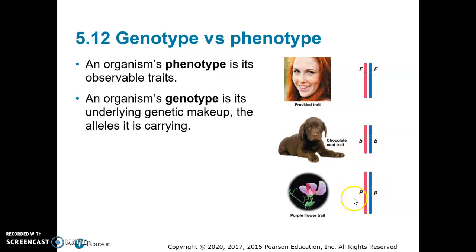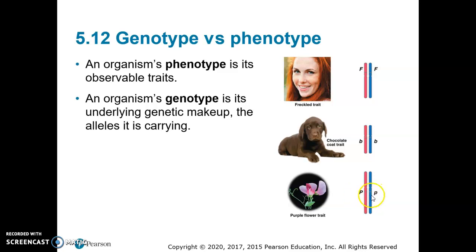And so P is a horrible letter to use in this case because it's really difficult to tell if this is a capital letter and that this is a lowercase letter. I would use something different. So when you're tracking genetics, try to use letters that are very obviously different in the capital form versus the lowercase form. This individual right here is the heterozygous individual. One capital, one lowercase.